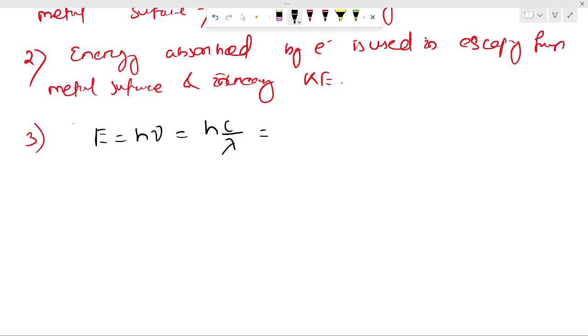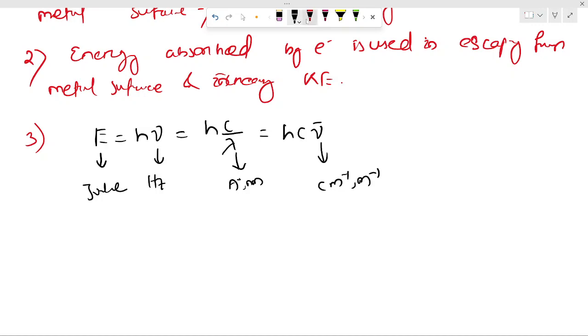That's important, because in a question sometimes the data of wavelength is given and it asks you to find the frequency. You should know how to convert this hc into nu bar, where nu has units of Hertz, lambda has units of Angstrom or nanometer, the wave number has units of centimeter inverse or meter inverse, and your energy has units of joule.